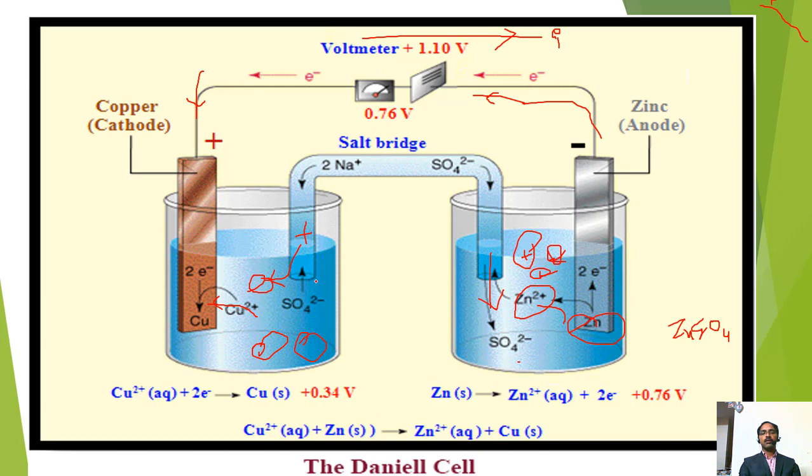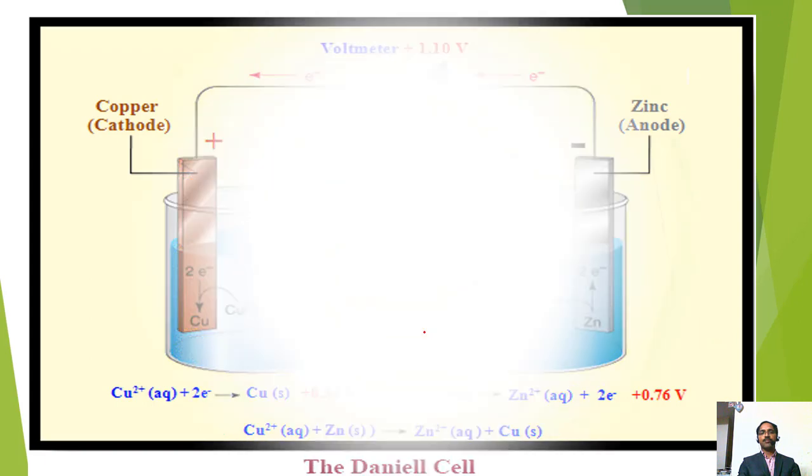Here it is forming copper, already settled down, SO4 minus 2. Many ions are there, Na is coming, so Na2SO4 is forming here. So there is no further charge accumulating in the half cells.